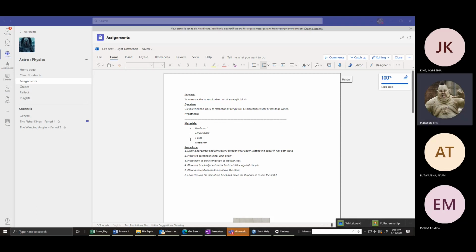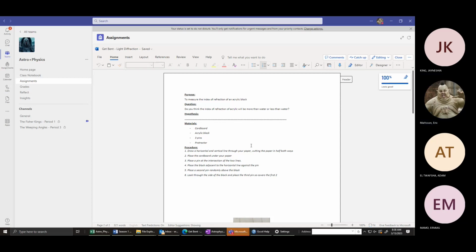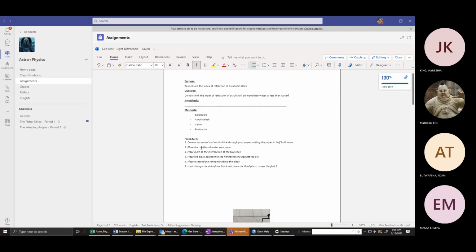There's only four pieces of equipment that we need: cardboard, an acrylic block, 3 pins, and a protractor. What you're going to do is, well, I guess we need a piece of paper too. I'll put white paper on there.